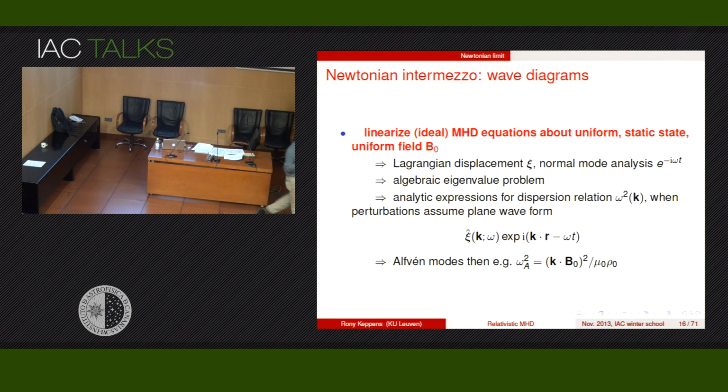Let's count the equations. Conservation of mass is 1, right? We all agree. Conservation of momentum is 3. So we have 4. And then energy is 1. So in gas dynamics, how many speeds will I have? Five. 2 of them will be sound.